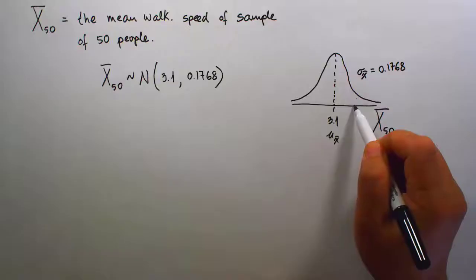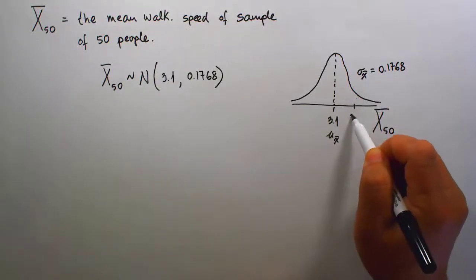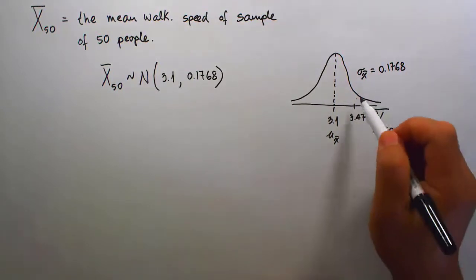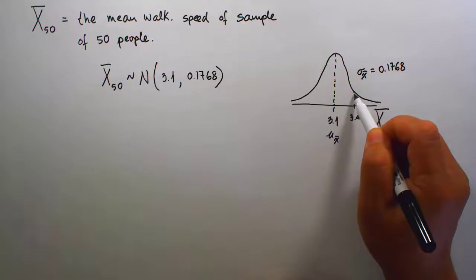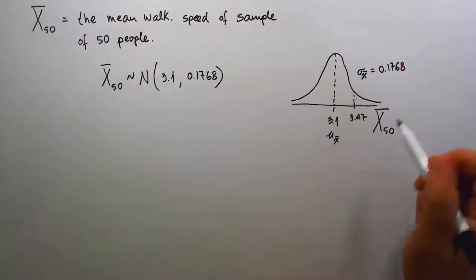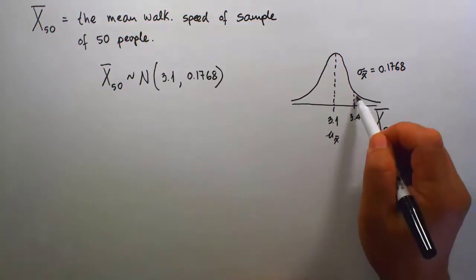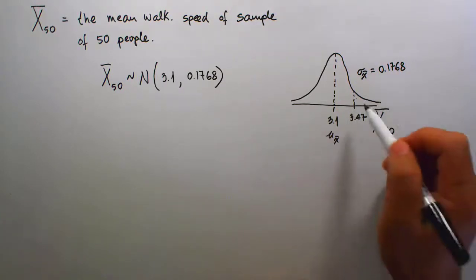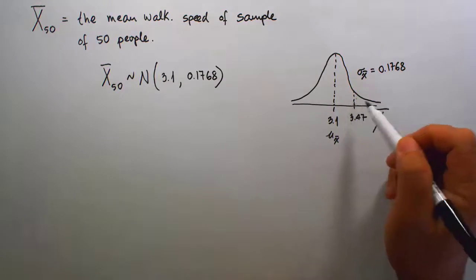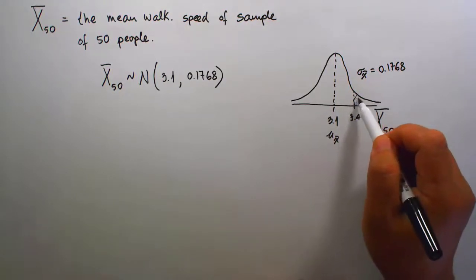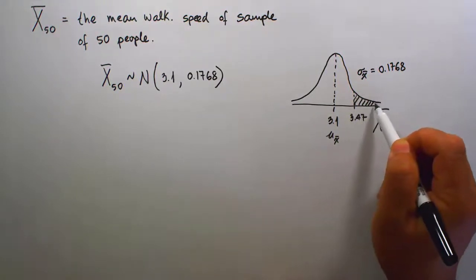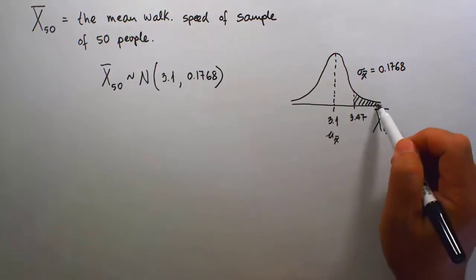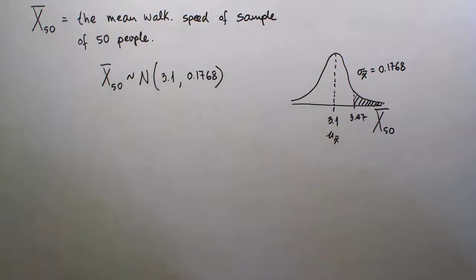So 3.47 is somewhere to the right-hand side on my bell curve, and I'm going to be looking for that chance. At this point, everybody is hopefully fluent enough with how we work on a bell curve. Being above 3.47, we are shading the probability above 3.47, a shaded area to the right-hand side of 3.47.